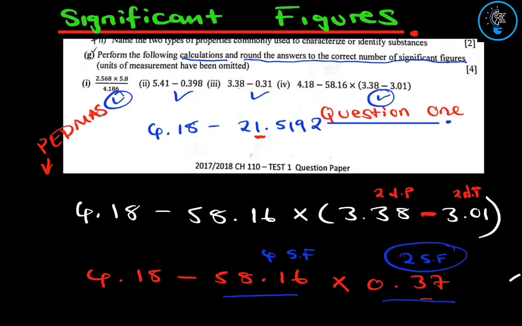Now we need to perform the subtraction, so we focus on the decimal places. This one has 2 decimal places, while this one has 0 decimal places, since the number ends on 1.